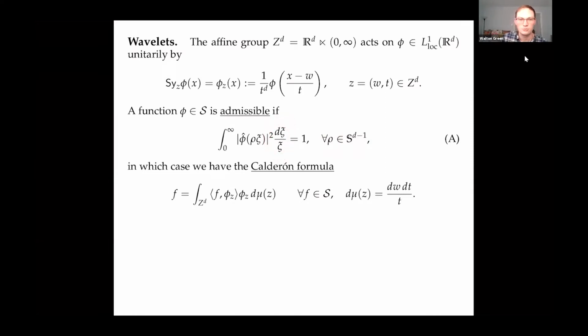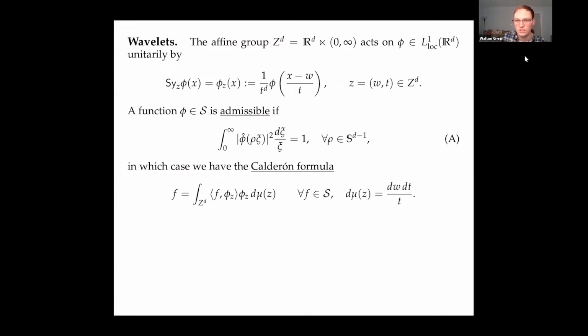And we'll usually just pick phi to be radial, so we don't even have to worry about this directional thing. Then we just have to basically normalize. So many functions satisfy this admissibility condition.